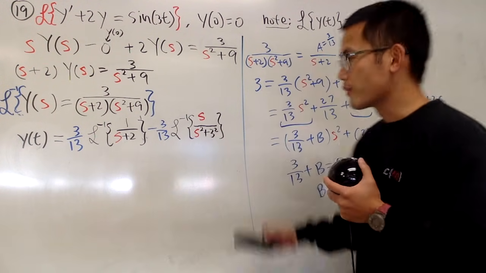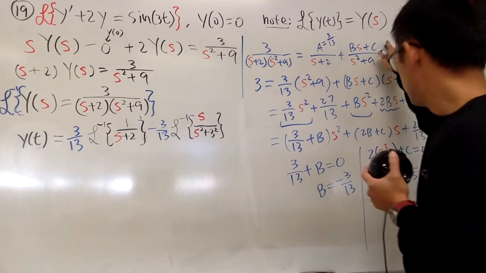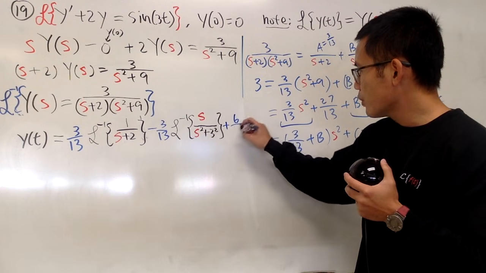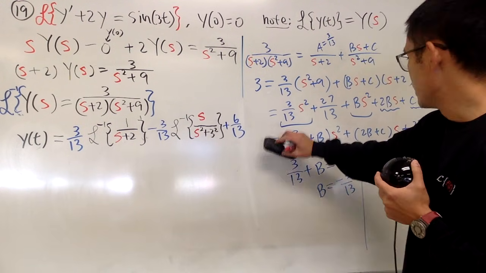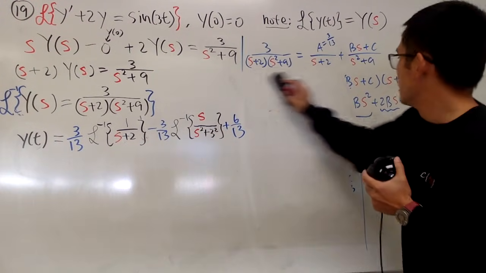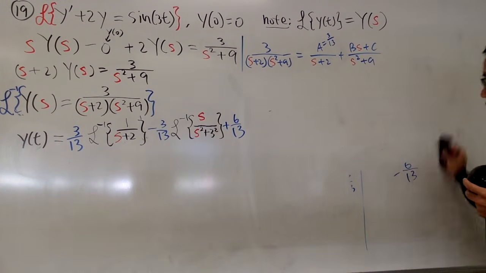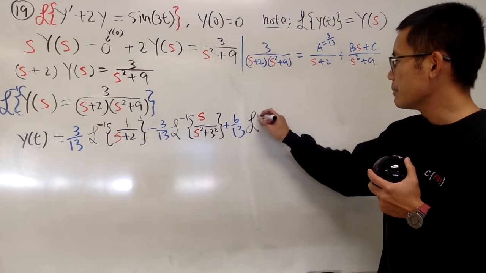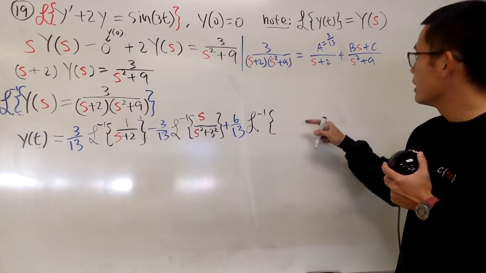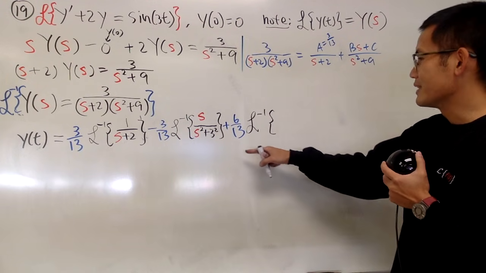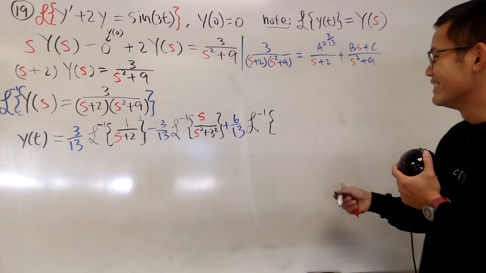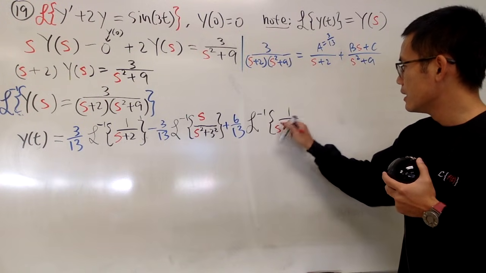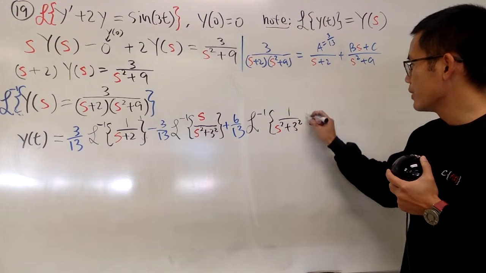C is 6/13, so I will just put down plus 6/13, and then we have the inverse Laplace of 1 over s squared plus 3 squared, like that.